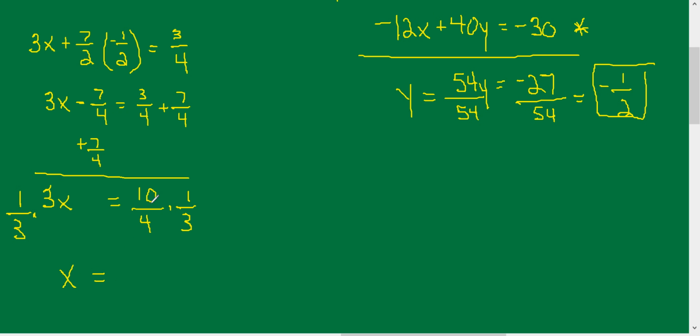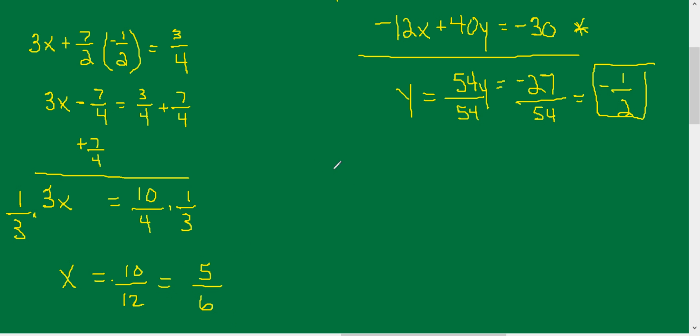That equals 10 over 12. 10 times 1 is 10, 4 times 3 is 12. Which simplifies to, 2 goes into 10 5 times, and 2 goes into 12 6 times. And x equals 5 over 6.